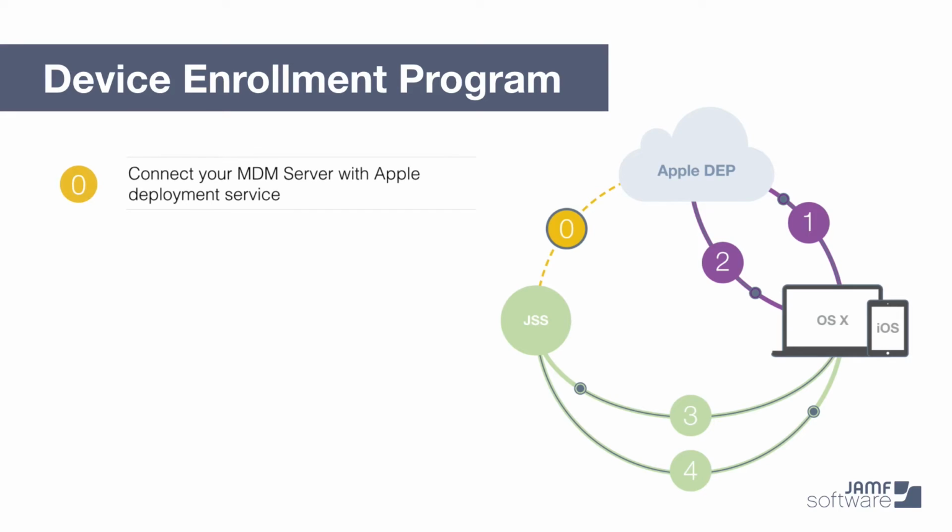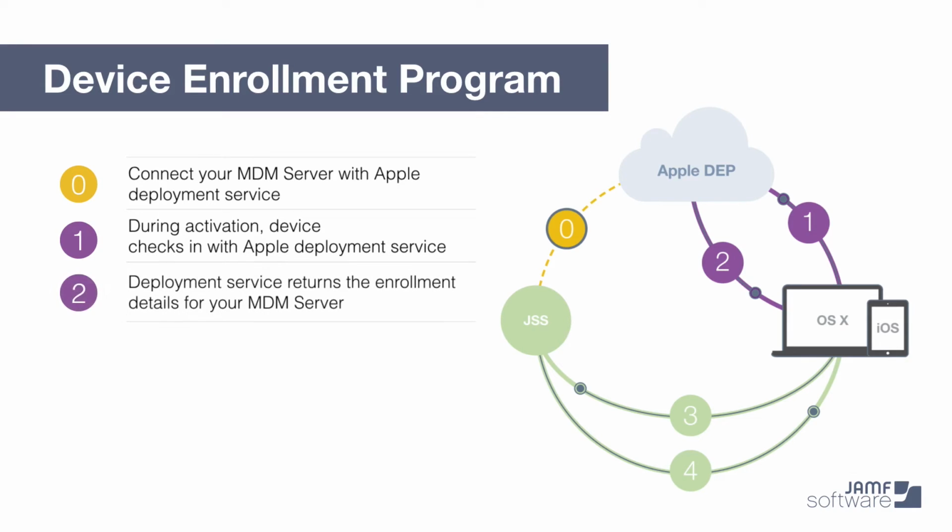The first thing you'll do is connect your school's MDM server with the Apple Device Enrollment Program. That makes an association that tells Apple all the devices that your school owns will now be managed by this specific server. Then, when you have a new device, it's going to check in with Apple as part of its activation process.